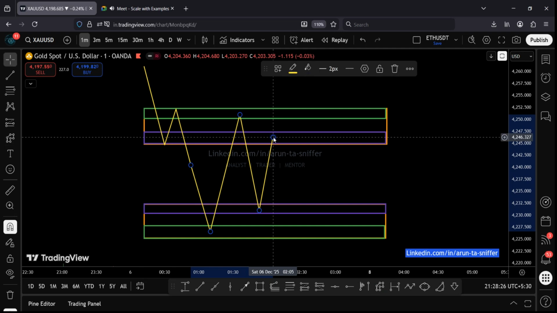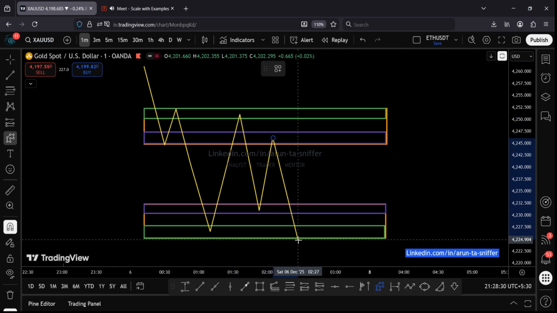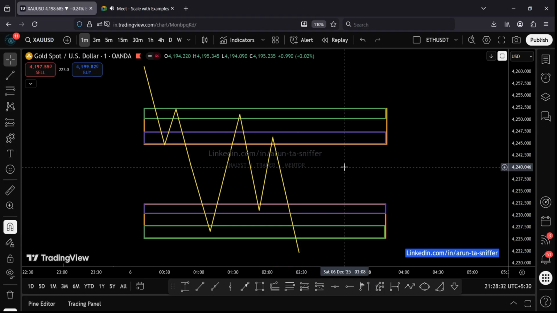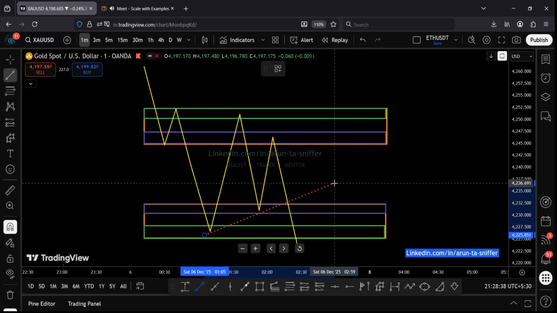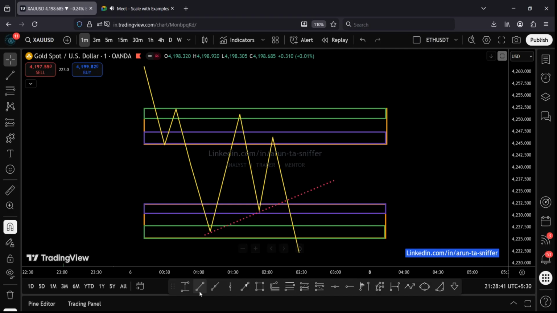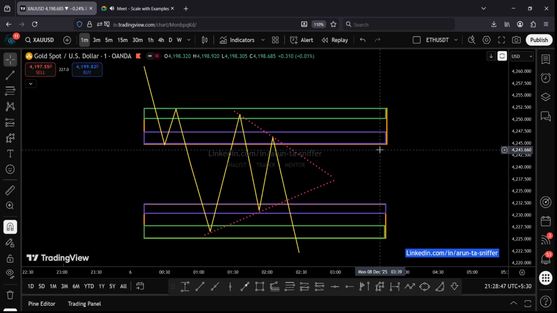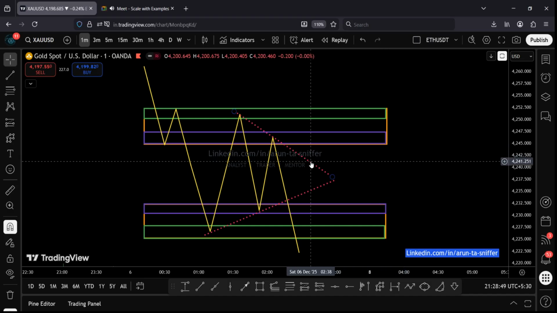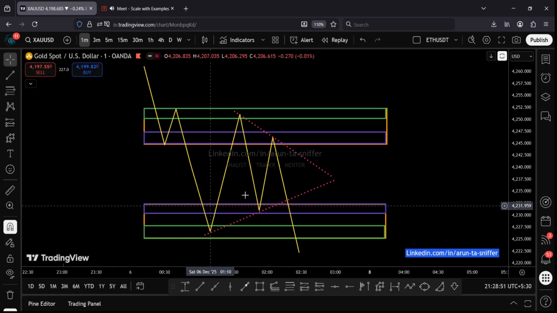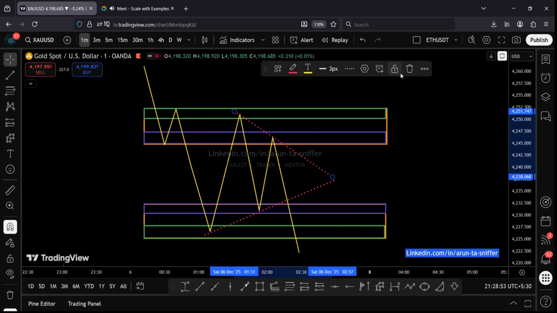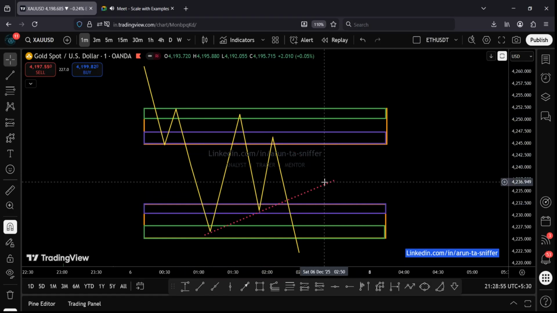And then comes down and breaks this zone. So what is this? In classical technical analysis, we call this a contracting triangle. Do you remember those classical patterns? Contracting triangle. And what happened when price first comes to RS and then goes to MPL? What structure is built in the market?